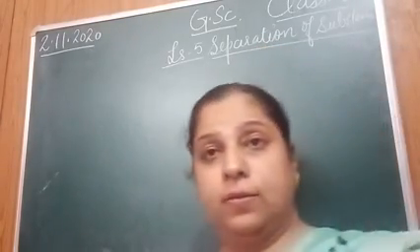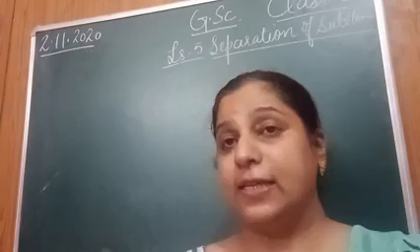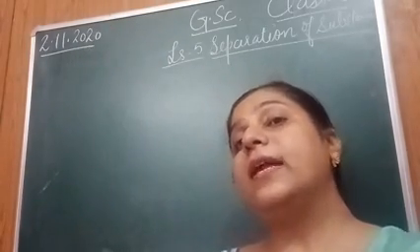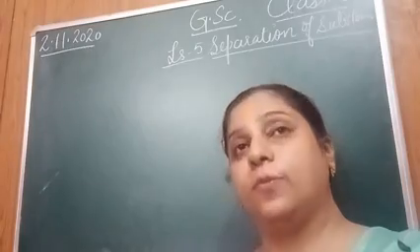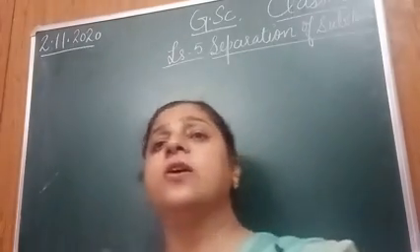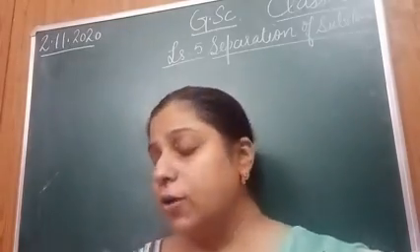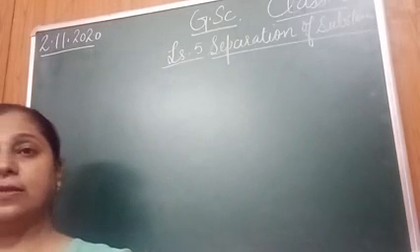The milk you drink also has so many components in it. It has proteins in it, it has carbohydrates in it, right? So there are so many things that are made up of two or more components, but sometimes we need to separate out these components. Now the question arises, what is the need of separation of substances?